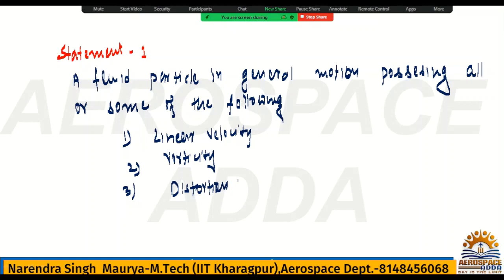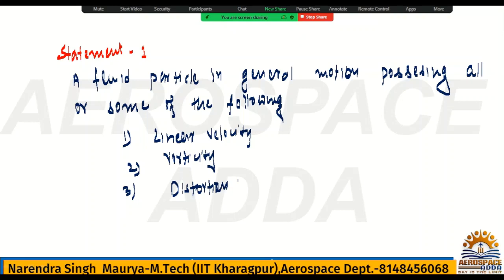The fluid particles are there, okay? In that fluid particles, general motion possessing all or some of the following. So when the fluid particles are going through the motion, then it may have a linear velocity, it may have a vorticity, or it may have a distortion. Maybe all or any one or any two. Okay, but it is very clear if fluid particles will be in motion, then this thing will happen.